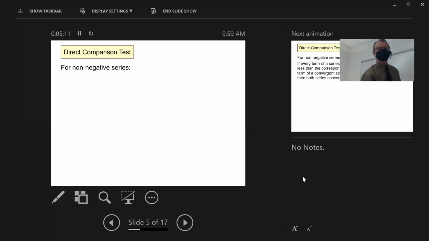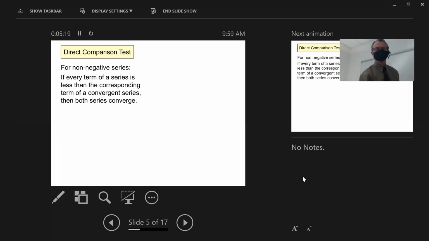So here's what we're doing today. Today we're just doing the direct comparison test as far as we go. Now, this is very visual. Ready? If they tell you the red series converges, then the blue series has to converge because the red series is above the blue one.